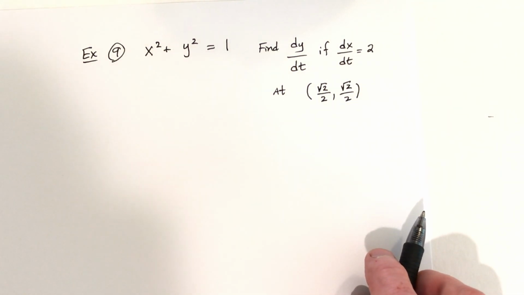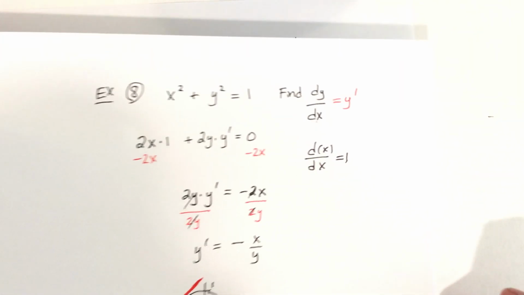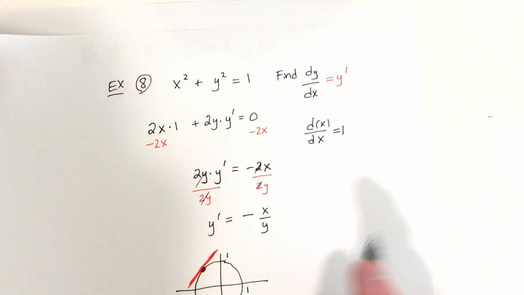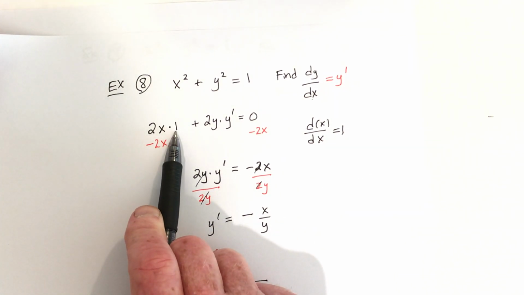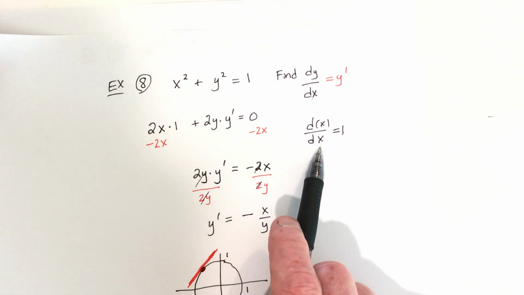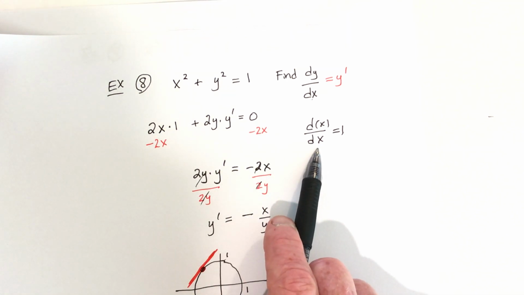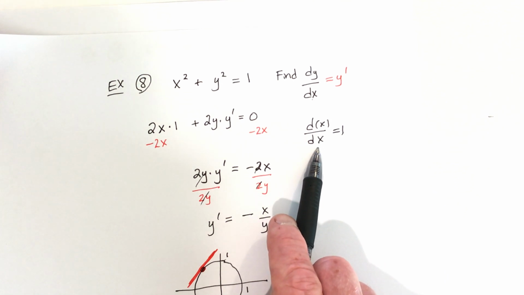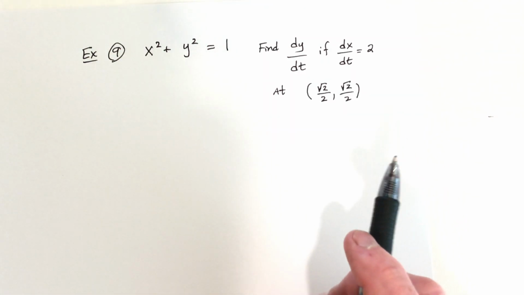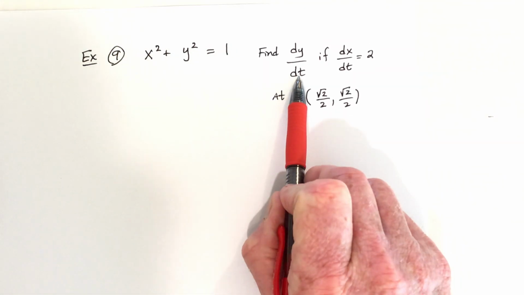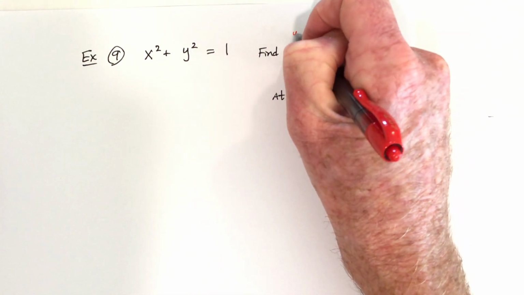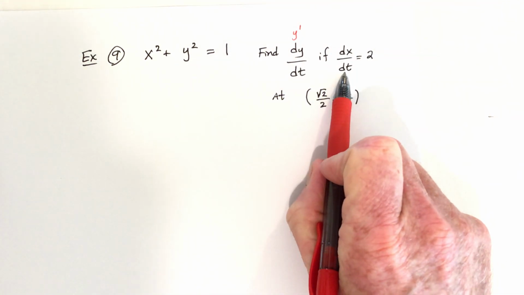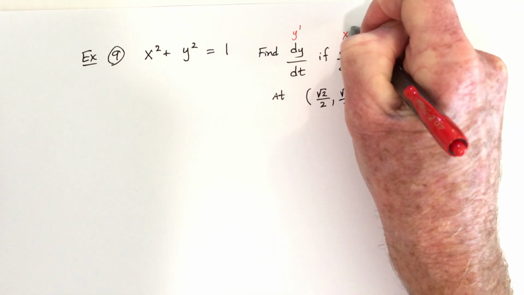So we basically go through the same work as this, except this right here is not going to be a 1, because when I did this part, I got dx over dx equals a 1. Well, in this step, it's going to say dx over dt, and then that equals x prime. So basically this is shorthand for y prime, and this is shorthand for x prime.